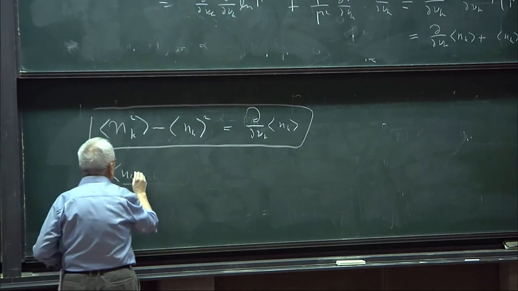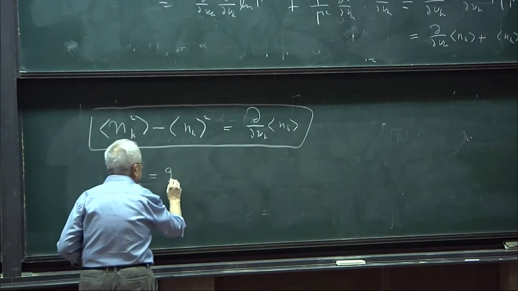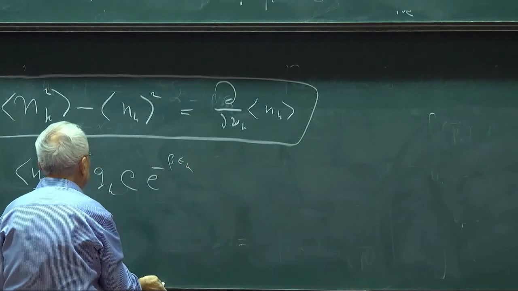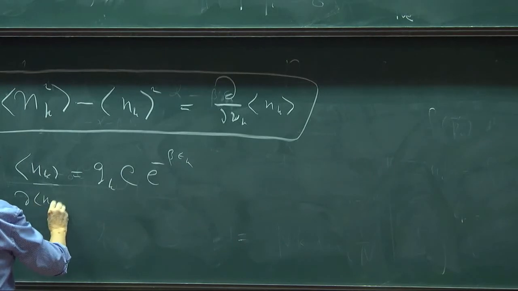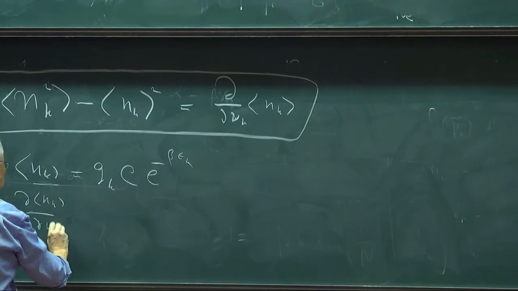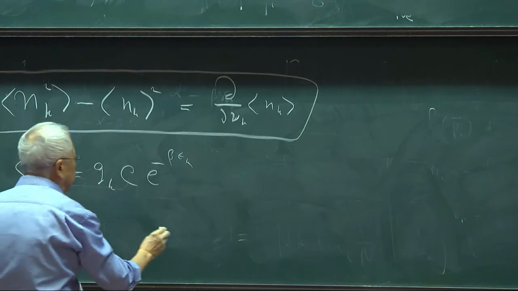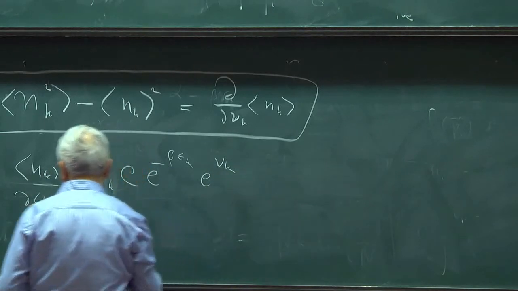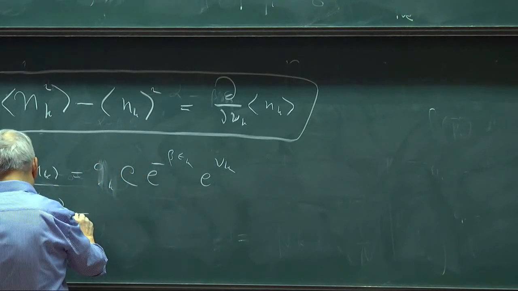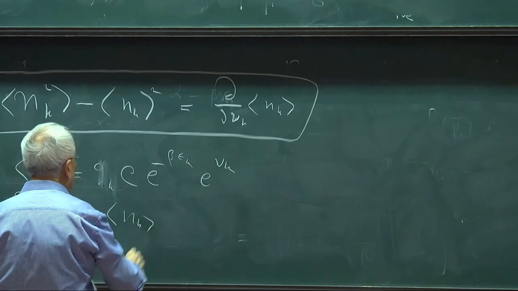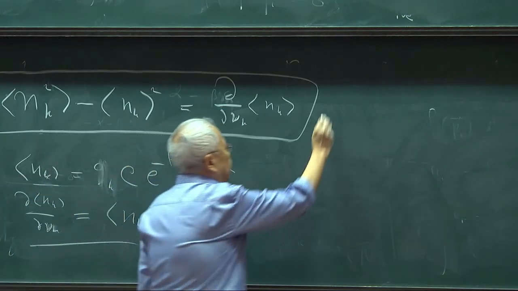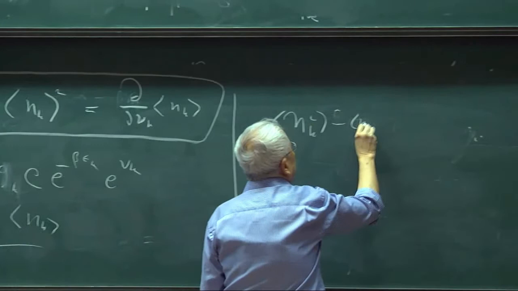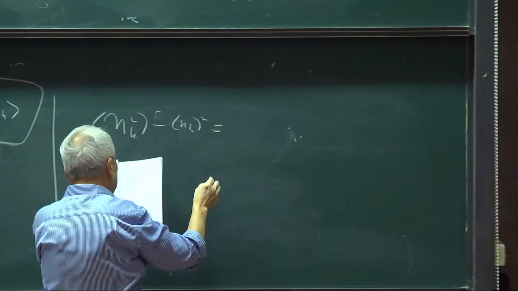Since nk is equal to g of k times some constant times e to the minus beta epsilon k. So d by d nu k, what is g? g is just e to the nu k. So this is just equal to nk. And therefore, our fluctuation formula says that the mean squared fluctuation of nk, nk squared minus nk average squared, is equal to nk itself.